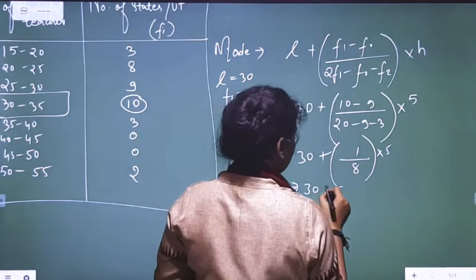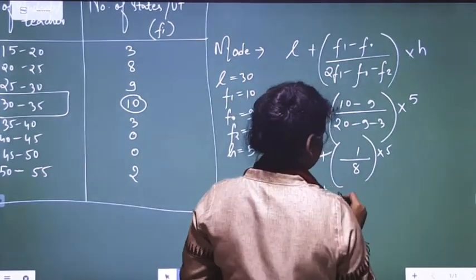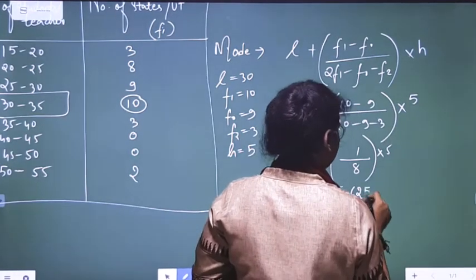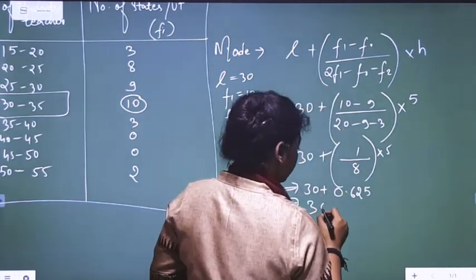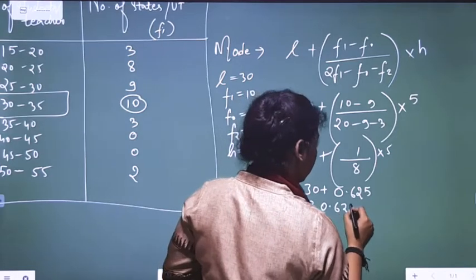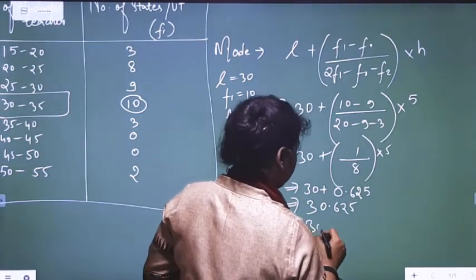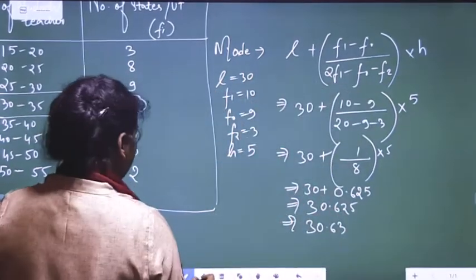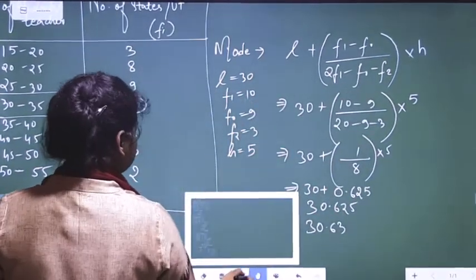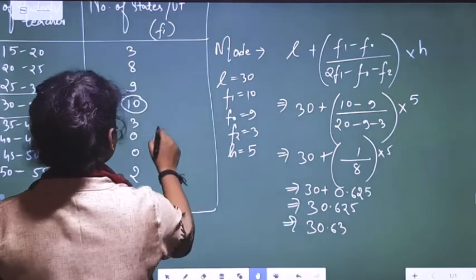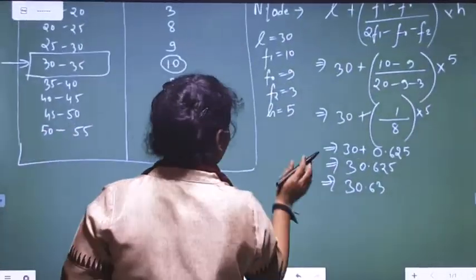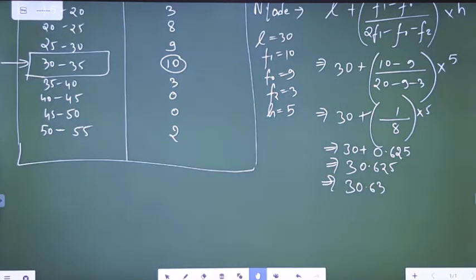So this comes out to be 0.625. So 30.625, or we can round this and write 30.63. This will be the mode, so this will be our answer for the fourth question.